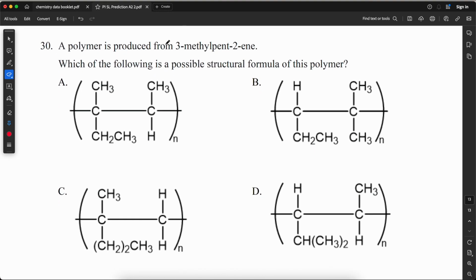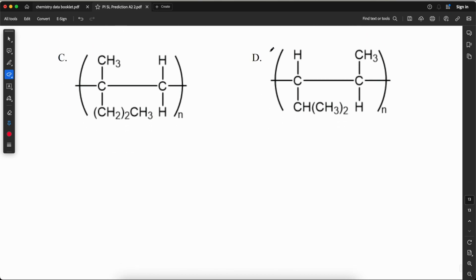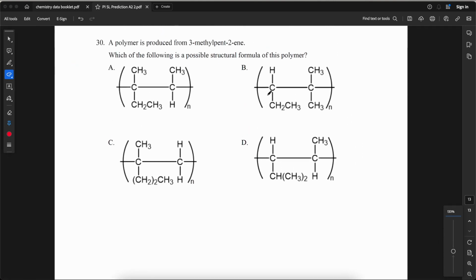A polymer is produced from 3-methylpentene. Let's draw, and let me just make it smaller so you can see. Here, CH, CH, double bond C, CH3, and then CH2, and CH3. Okay, so which of the following is a possible structural formula of this polymer?